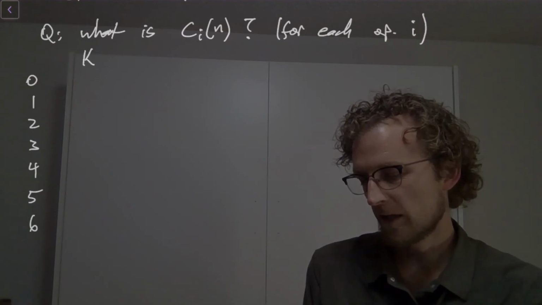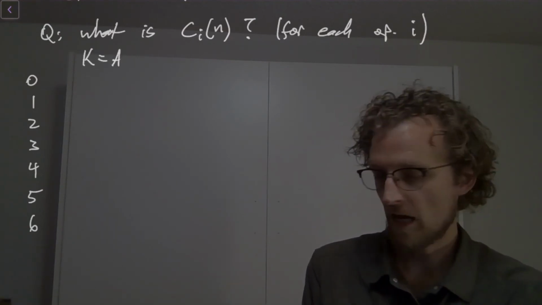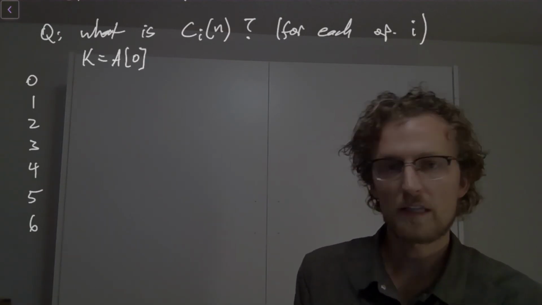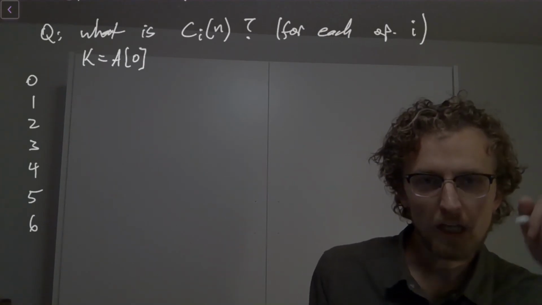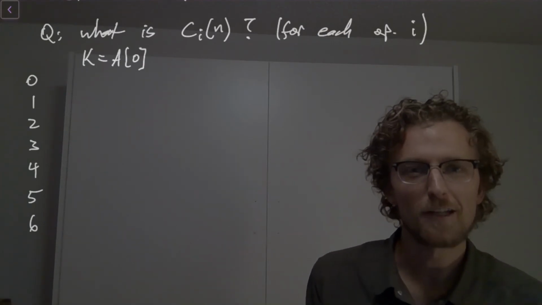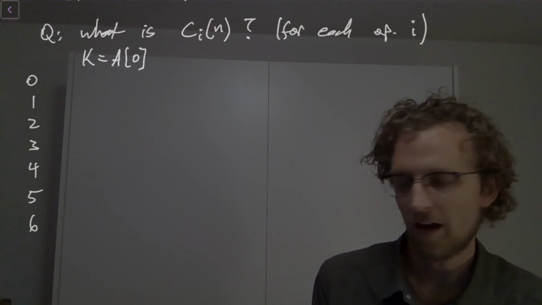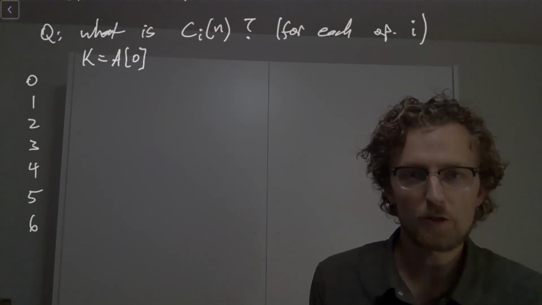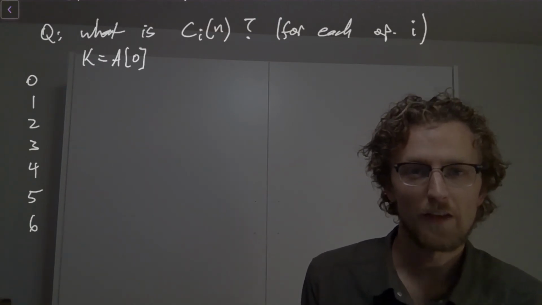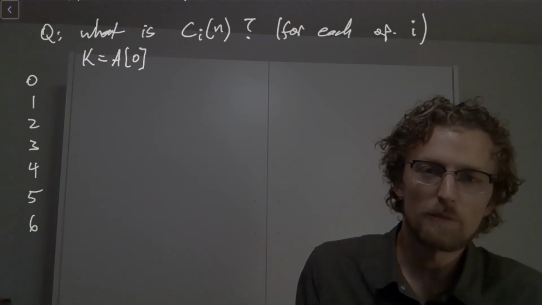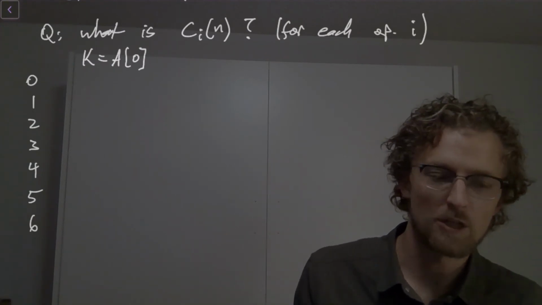The first kind of input is k equals A[0]. What does that mean? That means that the search key is found on the very first index of the array, at the head of the array. If the search key is found at the head of the array, then the algorithm terminates very quickly because it doesn't have to search the entire array.